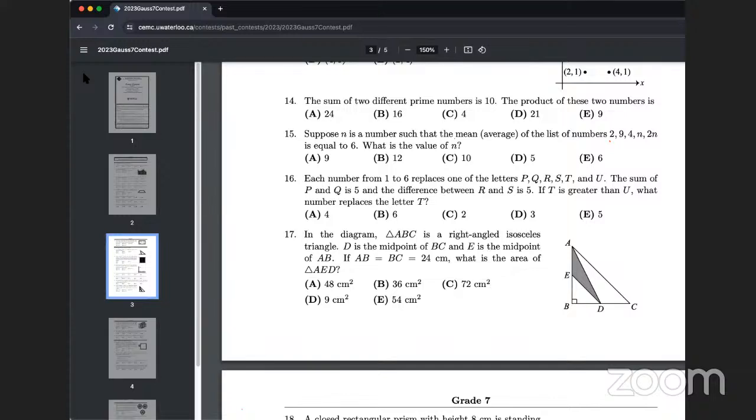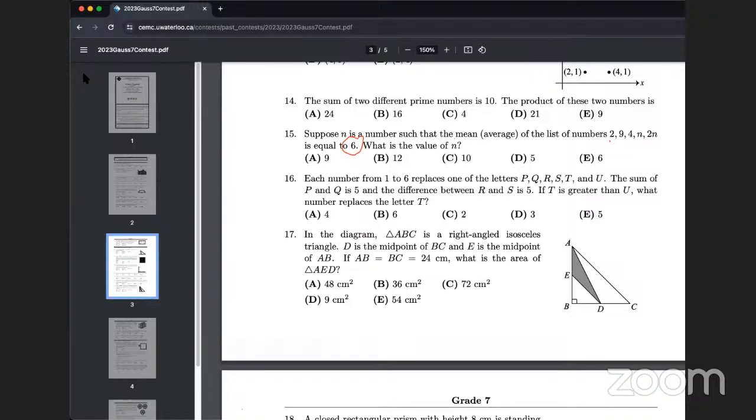We're given 5 options, okay? So the mean has to equal 6. Let's start from E.